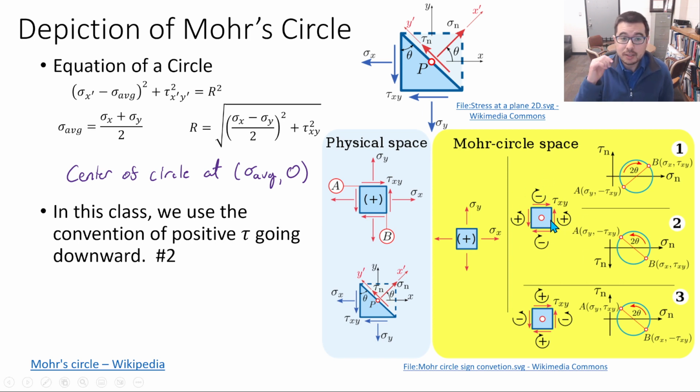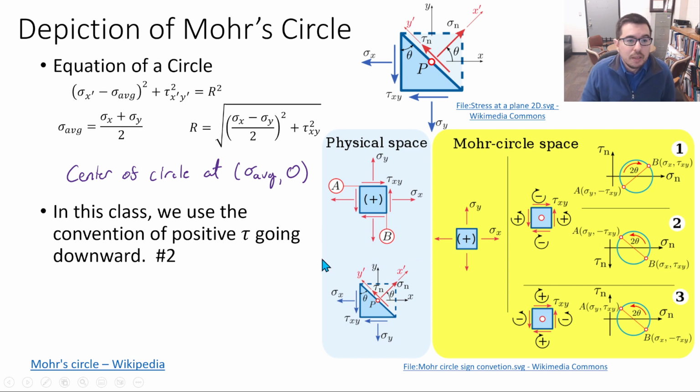Normally we think Z is coming out of the board, so this shear stress on the top will be giving a negative, into the negative Z direction. This one on the side, which is our classic tau xy, on the X face in the Y direction, is giving a positive. So convention number 2 allows us to keep equilibrium, or the lack of rotation, as we understand it. And it allows us to keep the rotation as we transform the element in the same direction as what you draw here. This is what Hibbler uses, and this is what we're going to use in this course.